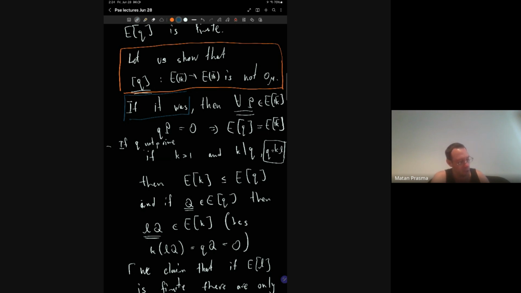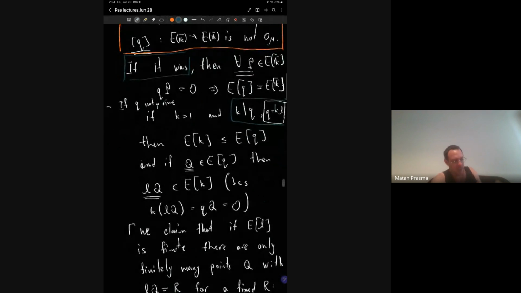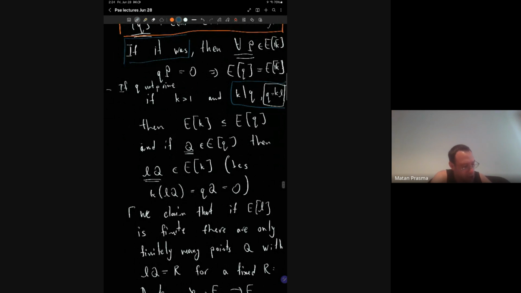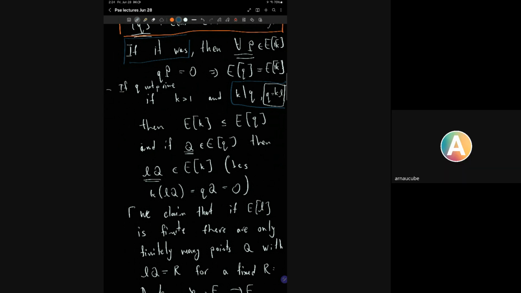If Q is not prime, then I find some divisor of Q, K, and I observe that if I take a point in EQ and I multiply it by L, then I get immediately a point in EK. This you got? Yes, this part, yes.